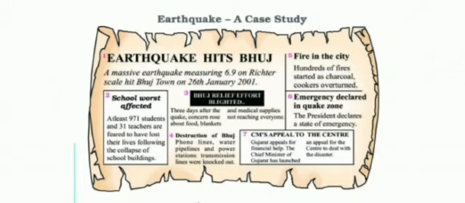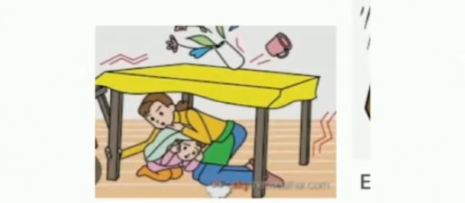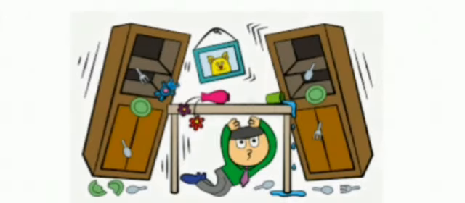Next one is earthquake preparedness. Where to take shelter during an earthquake. We have to find a safe spot. During the earthquake, we have to select a place to keep ourselves safe, like a kitchen counter, under a table or desk, or against an inside corner. If we realize there is an earthquake, we should come out of the building wherever we are.